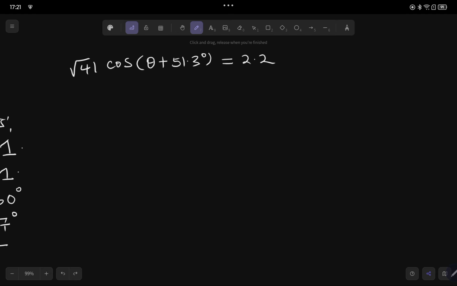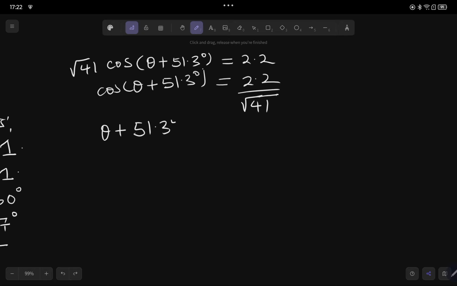So cos of theta plus 51.3 degrees is equal to 2.2 out of root 41, which means theta plus 51.3 degrees is the cos inverse of 2.2 out of root 41.